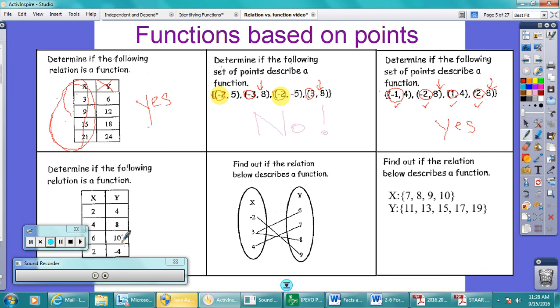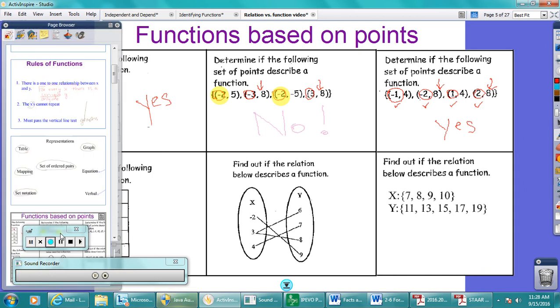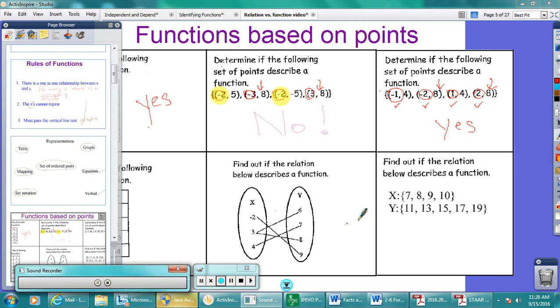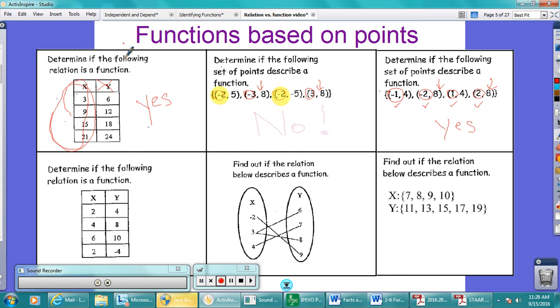Now let's go down to this table right here, okay? All right, so let's go down to the table. Now, here are my x's. Remember, I don't care about the y's right now.